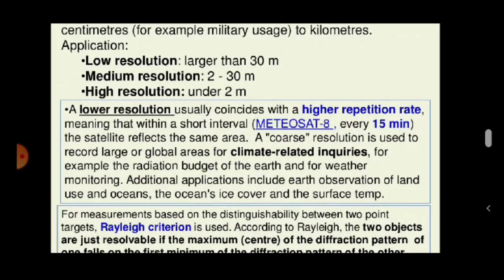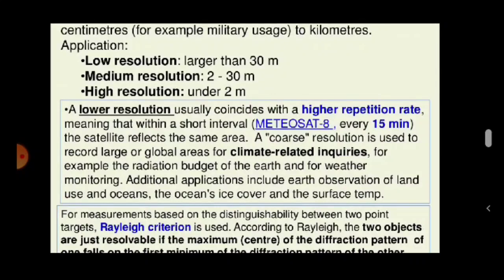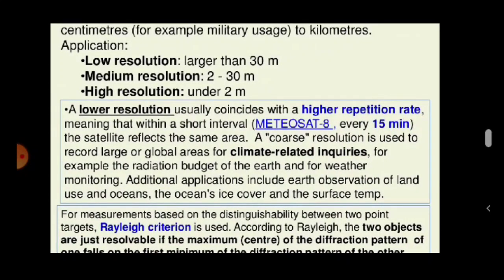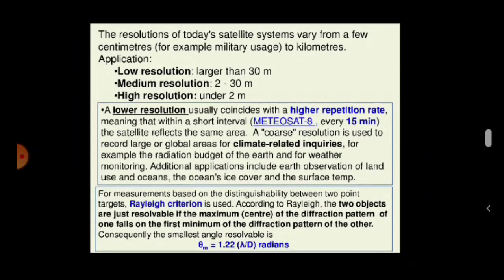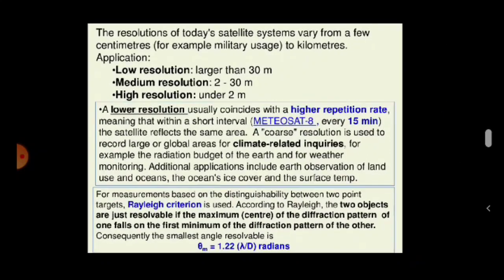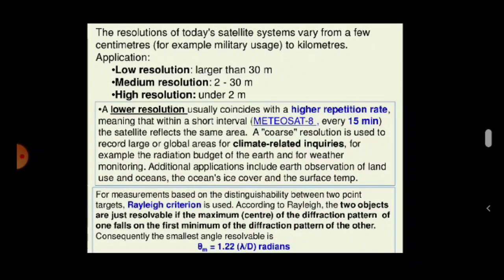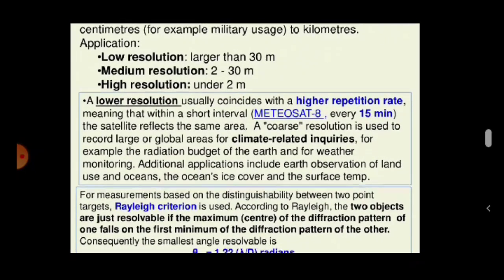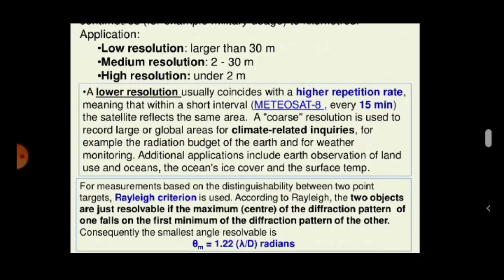Coarse resolution is used to record large or global areas for climate related inquiries, for example the radiation budget of the Earth and weather monitoring. Additional applications include Earth observation of land use and oceans, the ocean's ice cover, and surface temperature.